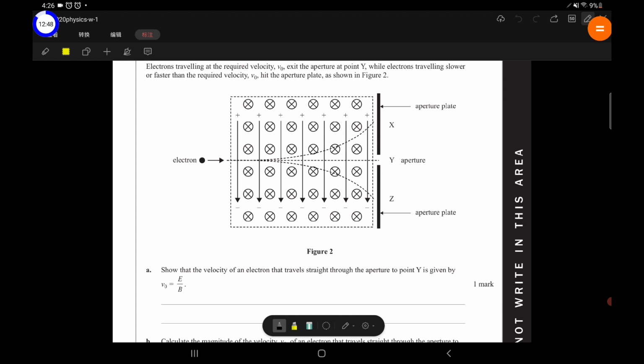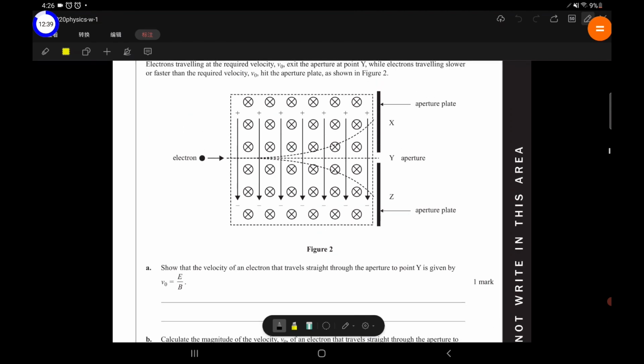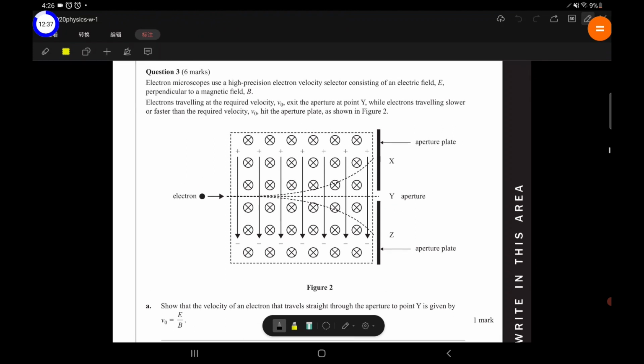Okay, so both these fields, the magnetic and the electric field, are interacting with our electron. Okay, and I'm given 3 paths of these electrons as it's shown in the question stem. So which way is the electron moving, depending on the 3 paths that I have.